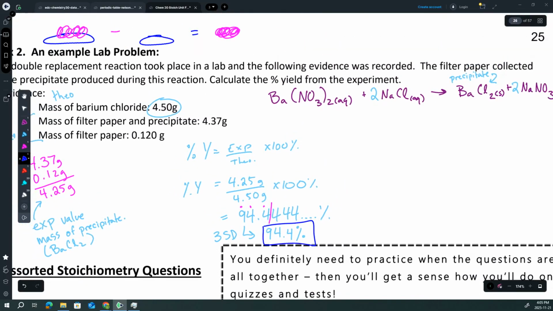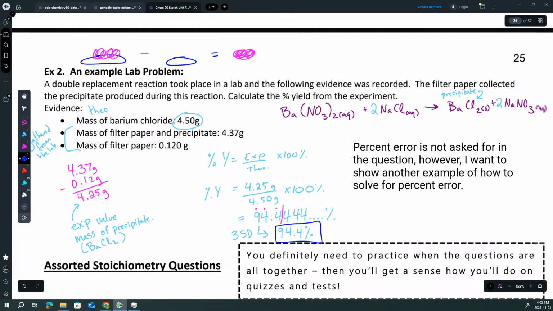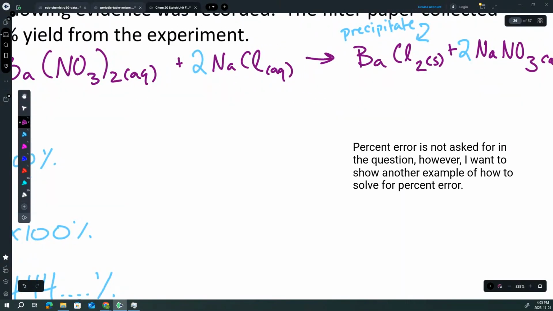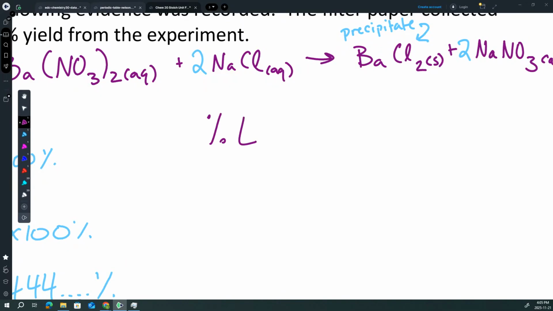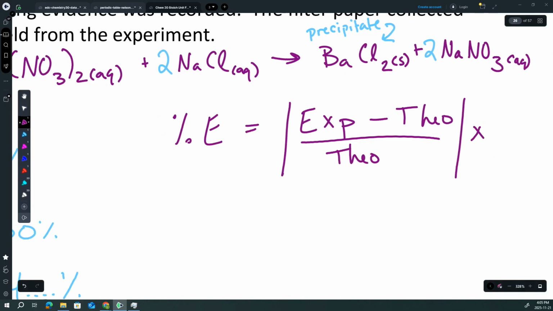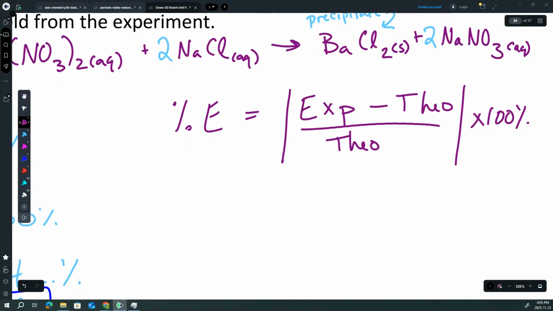All right, now what I also want to do with this question here is I want to also just practice percent error. So I'm going to do that over here. So just as a reminder, percent error is equal to the absolute value of experimental minus theoretical divided by theoretical, close the absolute value sign, times 100%.